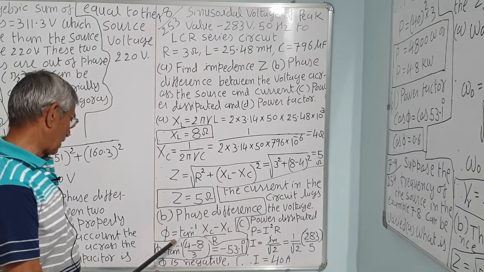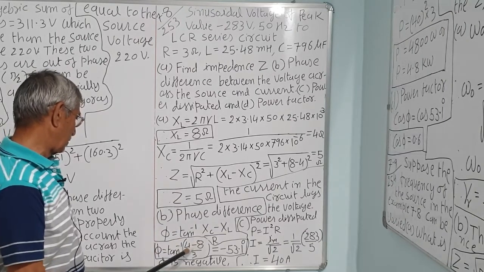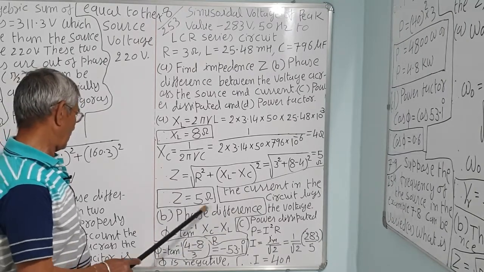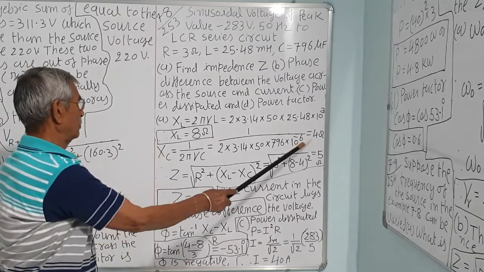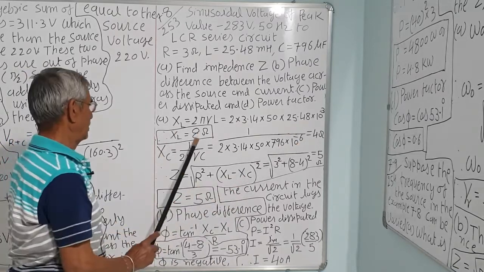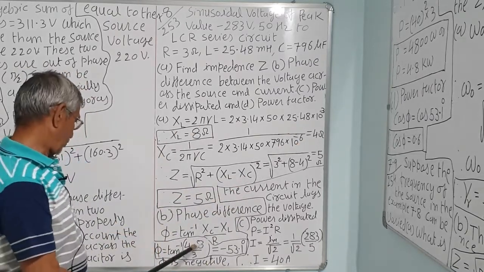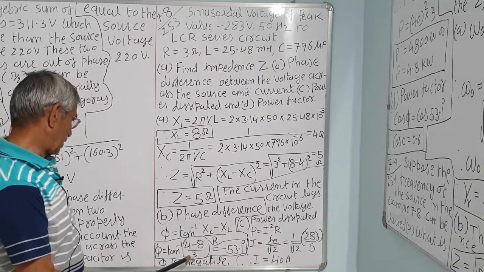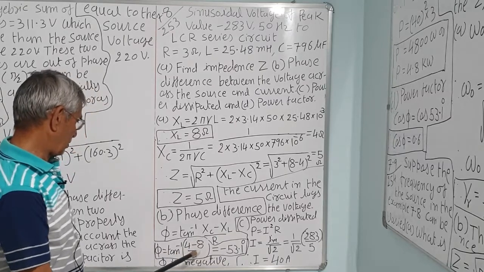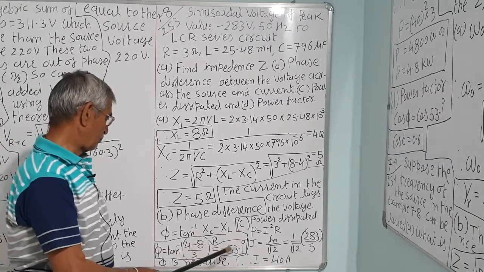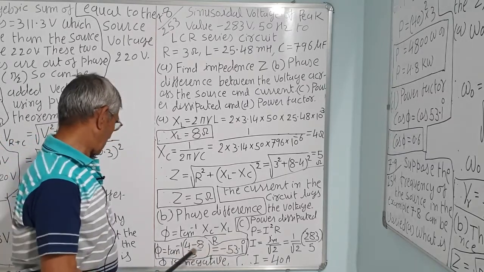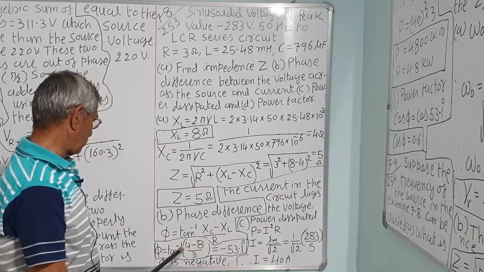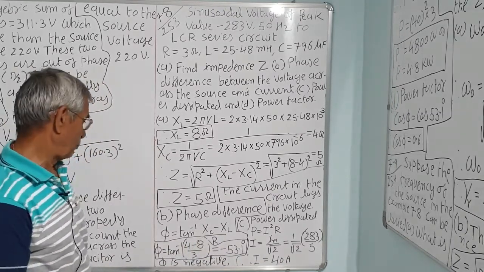So phi is equal to tan inverse of (4 minus 8) upon 3, since XC is 4 and XL is 8. That is 4 minus 8 upon 3, that is 4 by 3, 1.3. Tan inverse 1.3, and it is minus because 4 minus 8 is minus 4 by 3.